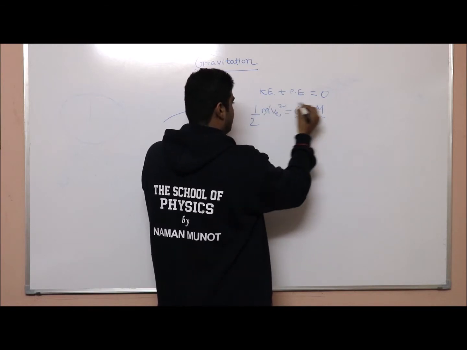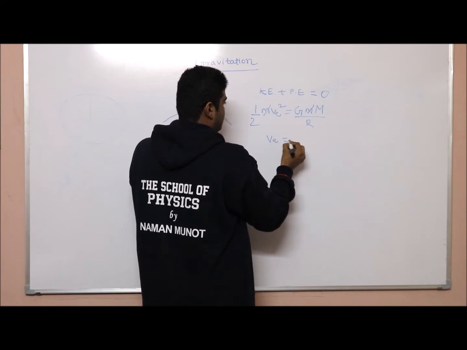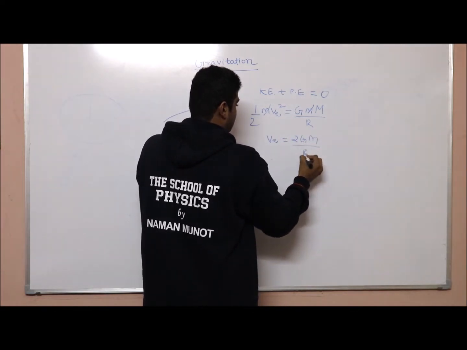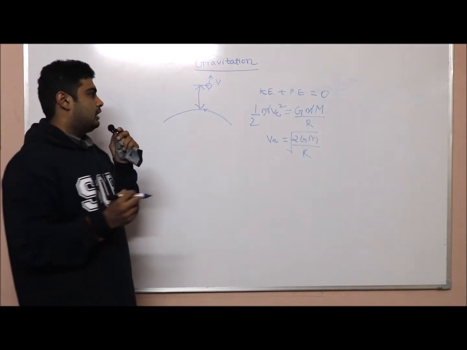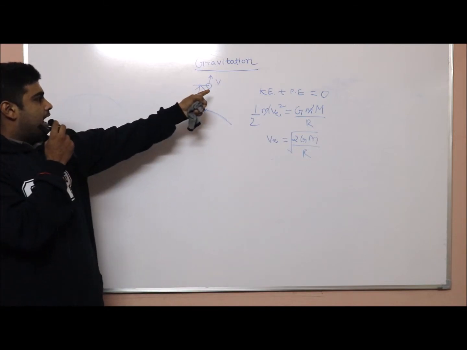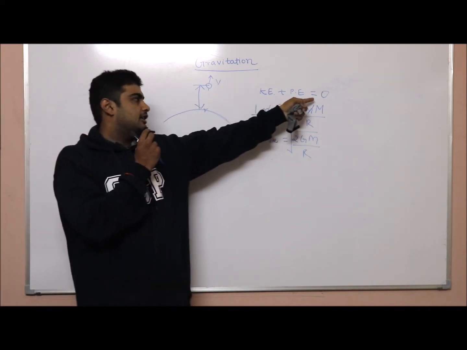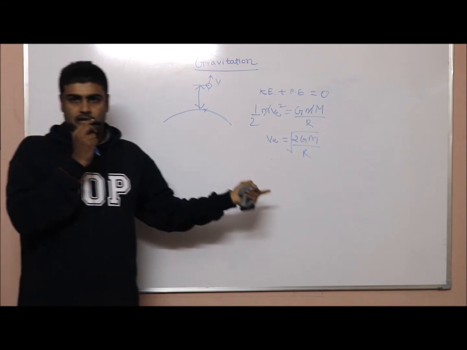As it is equal to 0, m cuts. So what comes is escape velocity is under root 2GM by r. Orbital velocity is under root GM by r. So whenever the vertical velocity at which a satellite leaves the influence of the Earth, that is, the total energy becomes 0, is the escape velocity.